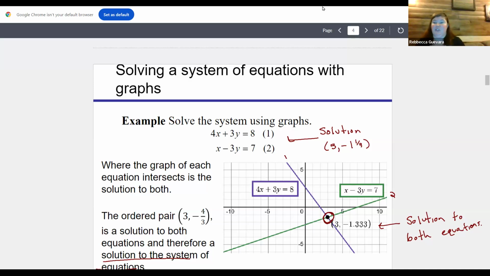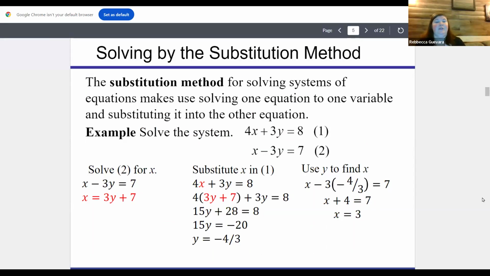If we were to use the substitution method, we would rewrite one equation for one variable and then use it as a substitution for that variable in the other equation. So substitution makes us solve one equation for one variable and then substitute into the other. We're using the same equations because we already know the solution.